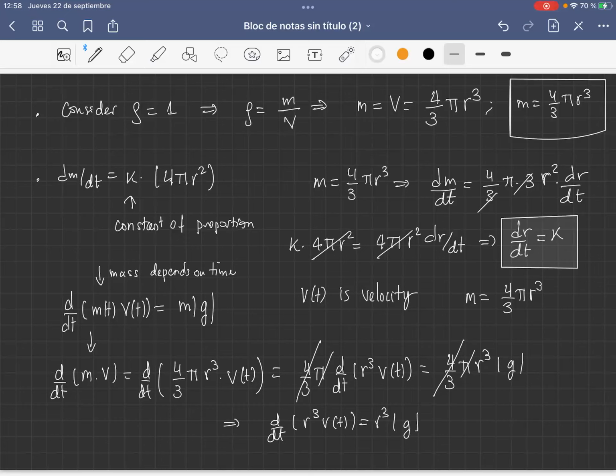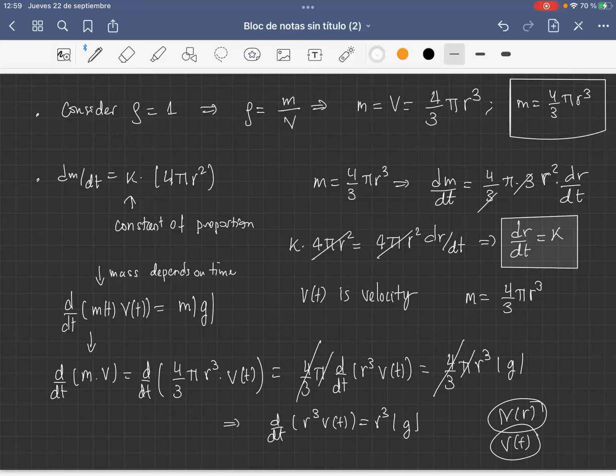Realize that here we actually want to know how the velocity varies in time, but we also want to know what's the velocity of our drop depending on the radius that our drop has. So here we have velocity depending on time.